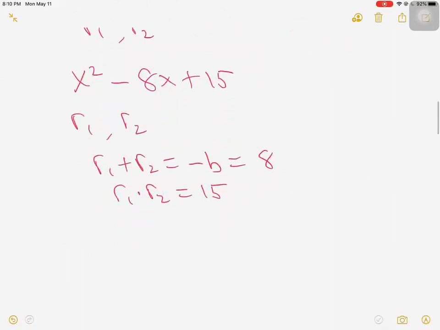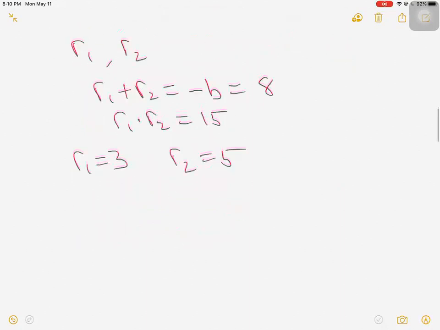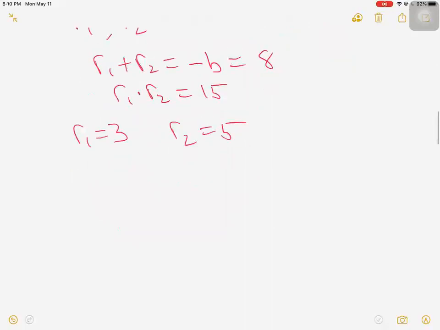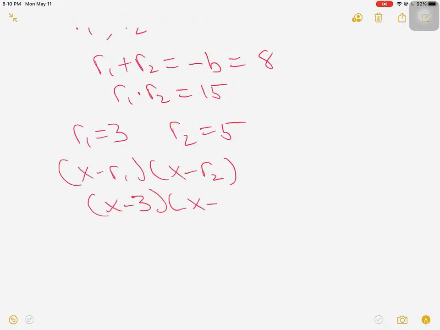So we can test out numbers, but we can see that r1 equals 3 and r2 equals 5. These two actually satisfy both equations. And that means that we can write the quadratic as x minus r1 times x minus r2, or just x minus 3 times x minus 5.